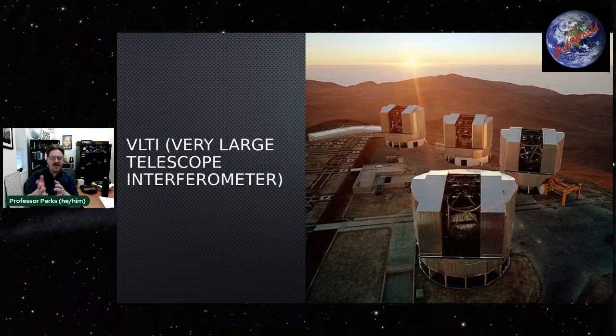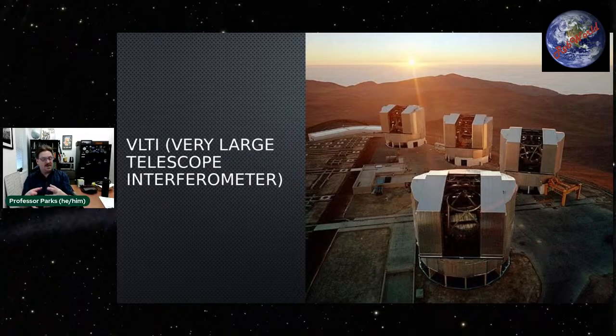So this is a European interferometer known as the VLTI, or Very Large Telescope Interferometer. Like I said, astronomers are super original with their namings. It is made up of 4 elements primarily. It is made up of 4 primary elements.